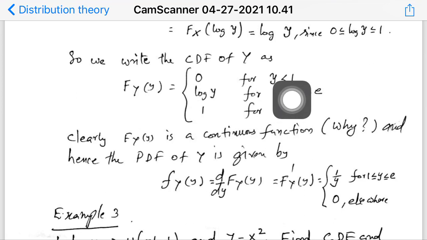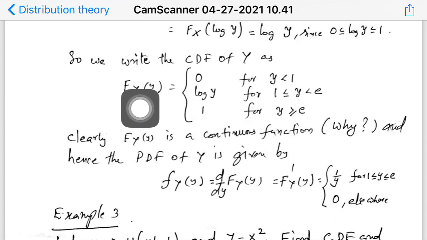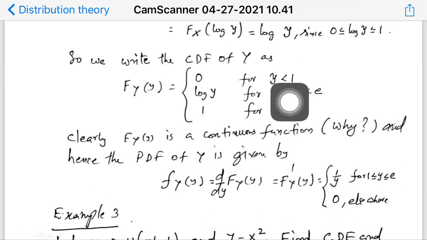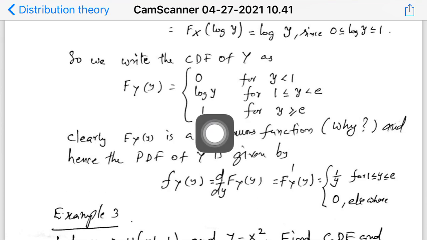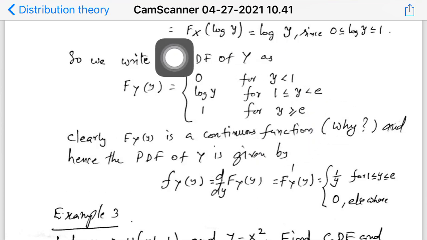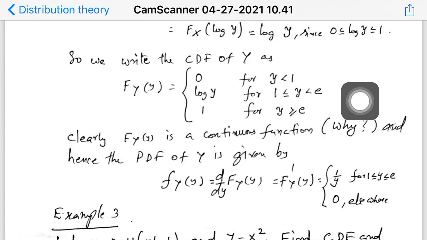So in the first range as well as in the second range, you have the same value for F_Y(y) at y equal to 1. And similarly here, log e is equal to 1. Therefore, because of the nature of this function, it is continuous.